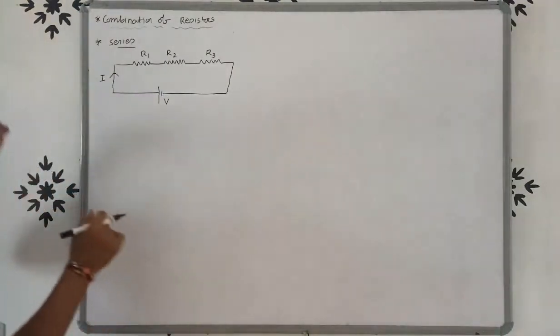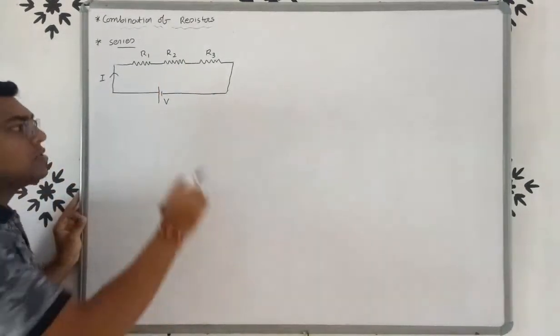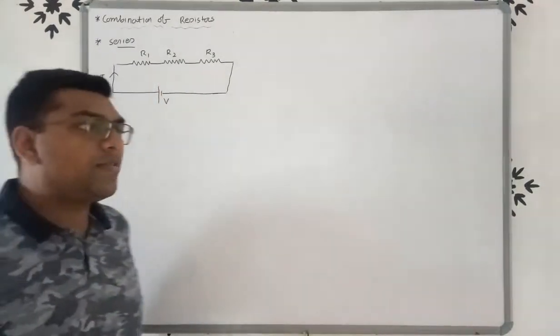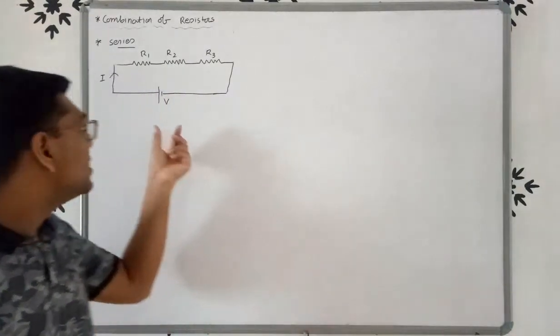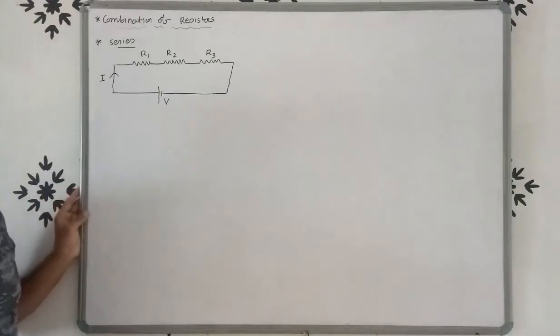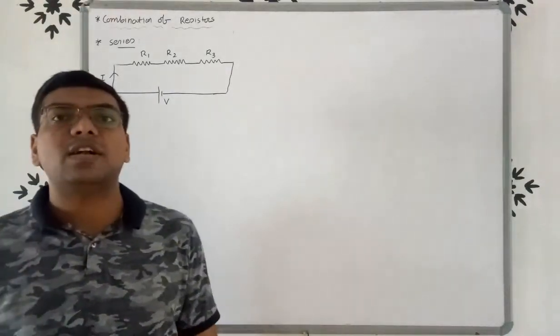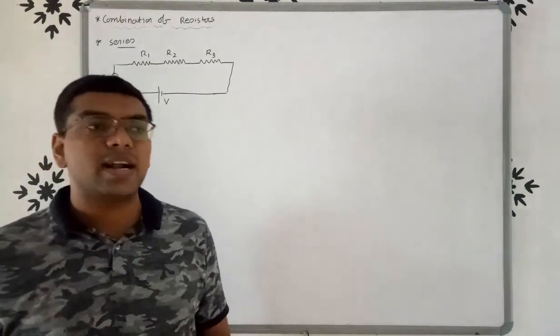But see friends, here there are three resistors. So this potential, or we can say this voltage, is divided into three parts because there are three resistors. If there are two resistors, then the voltage is divided into two parts.